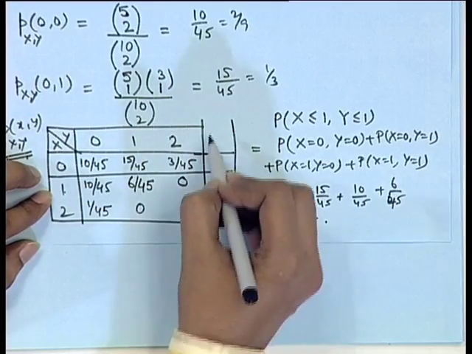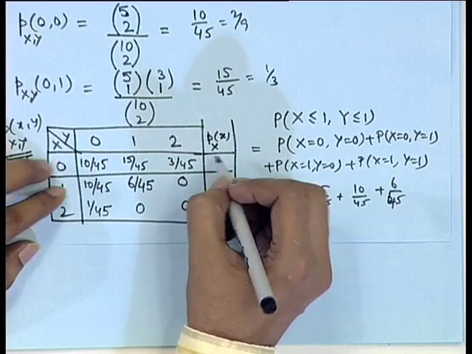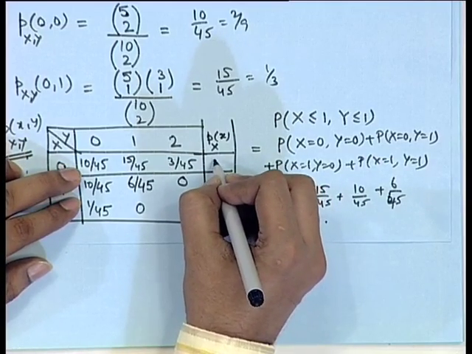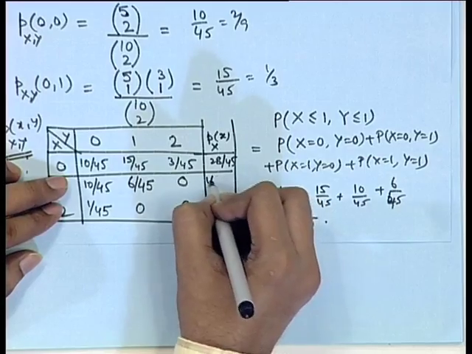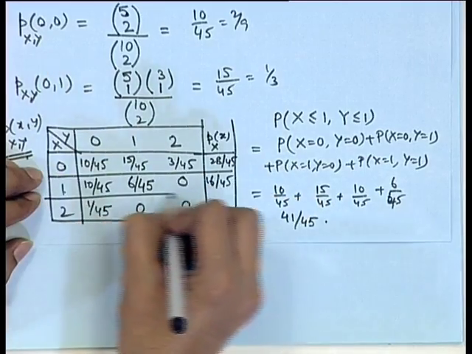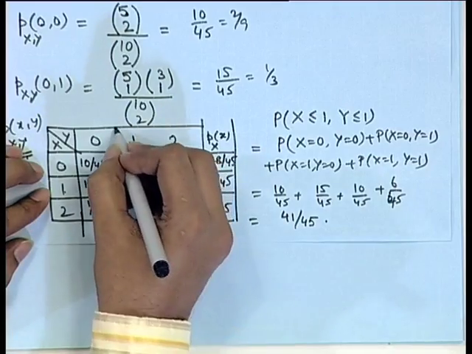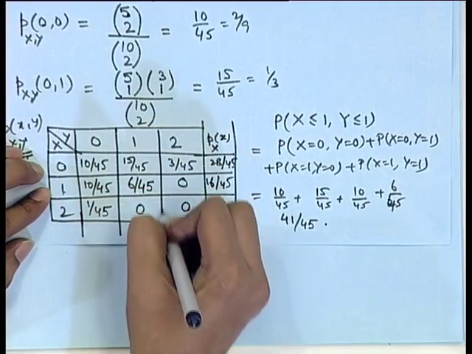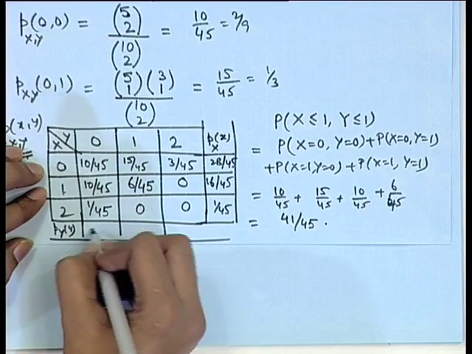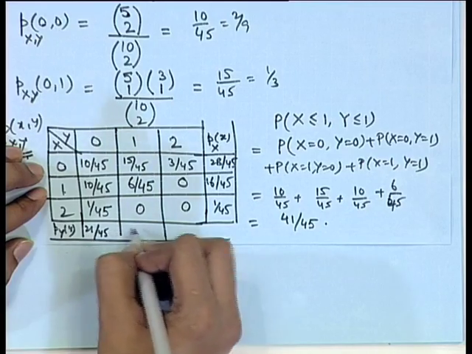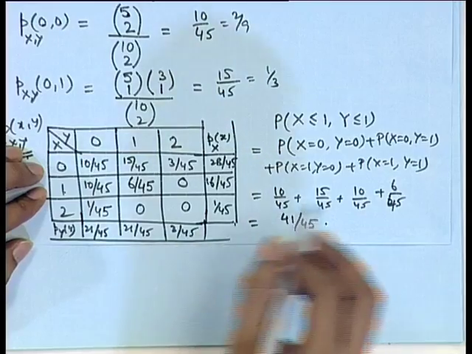That means, this will give the distribution of x, that is equal to 28 by 45, 16 by 45 and 1 by 45. Similarly, if I add the columns here, I will get the distribution of y. So, that is 21 by 45, 21 by 45 and 3 by 45.